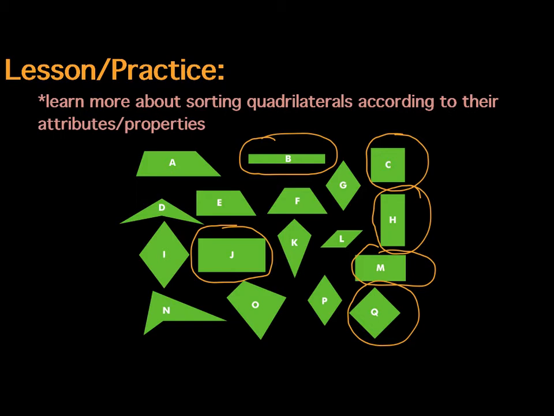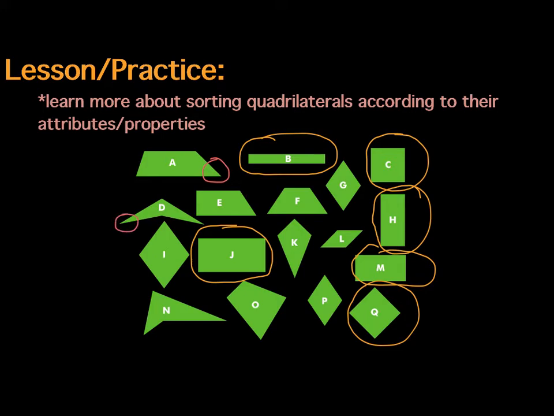Now, if I were looking for, let's say, acute angles, which of those would have acute angles? So now I'm looking for smaller than 90. And let's say that it has at least one acute angle. So looking at those shapes that I have left, which of those would have at least one that is acute? I see letter A has one here. Letter D actually has a couple, right?